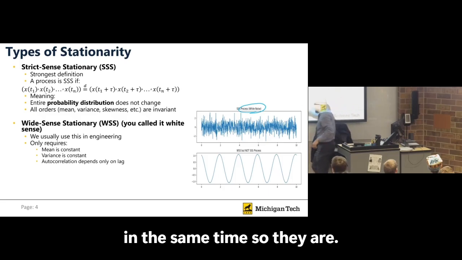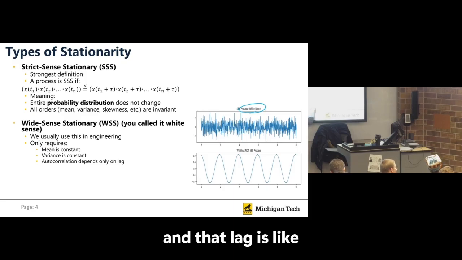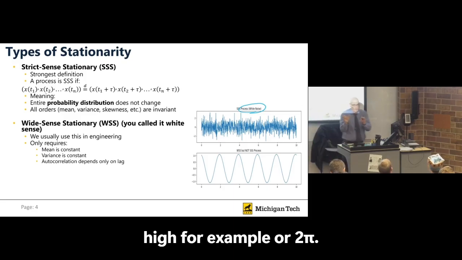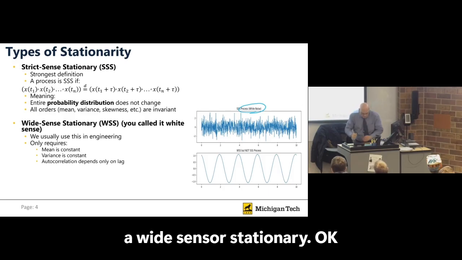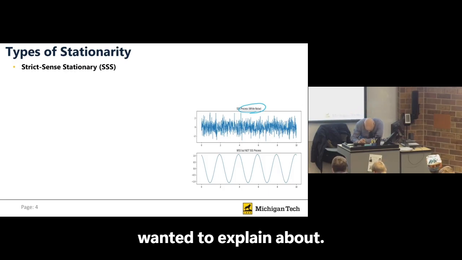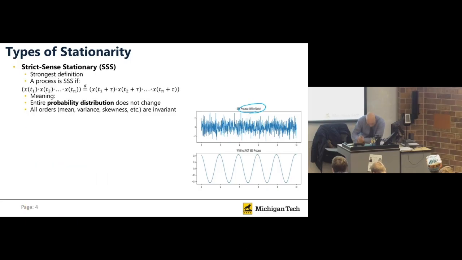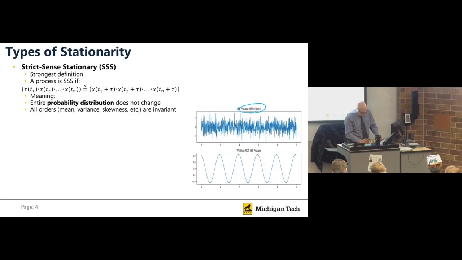So the autocorrelation depends only on lag, and that lag is like pi, for example, or 2 pi. That's why this is wide sense stationary. Okay, I just wanted to explain a little about strict sense stationary, what that means.